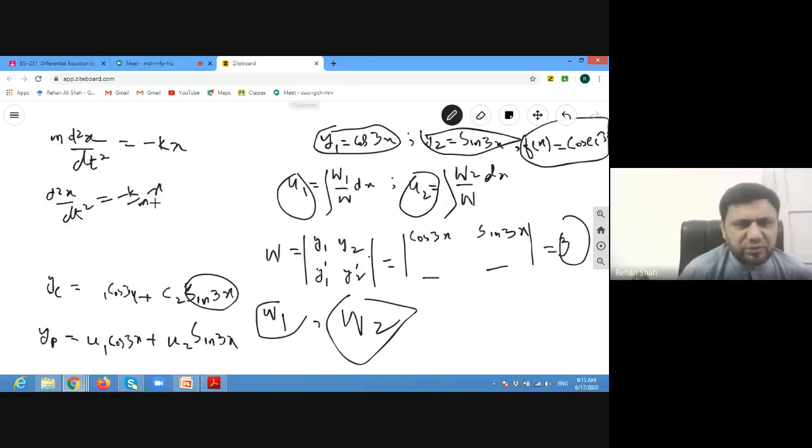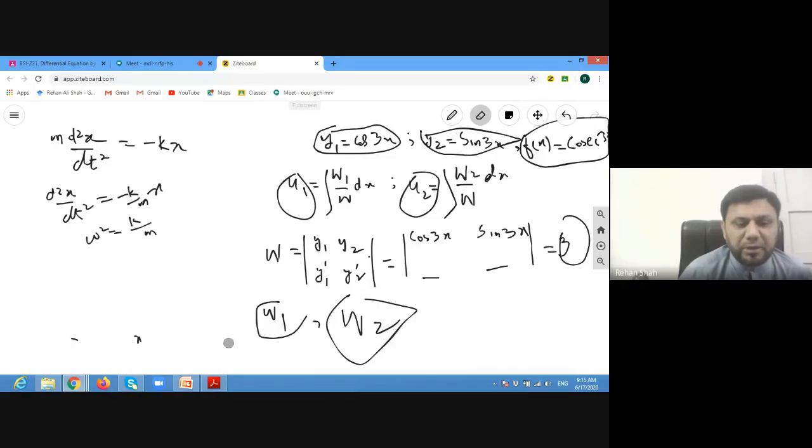Sorry, this one. If you take omega square is equal to k over m, because m is constant and k is constant, this must be a square.